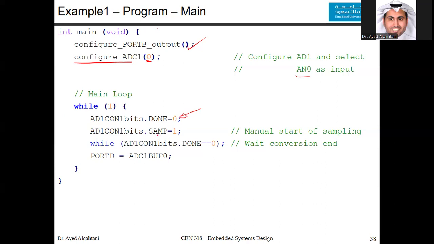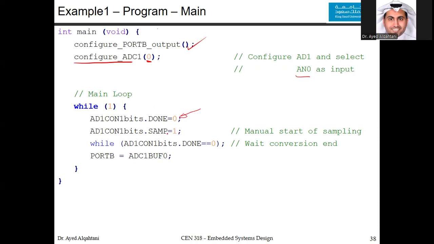And then you start doing the first sampling this way. You do the manual sampling by using this statement: AD1CON1bits dot SAMP equal to 1. So it's like giving the indication for the ADC to start sampling. We know that the conversion is done automatically, so we don't have to worry about it.